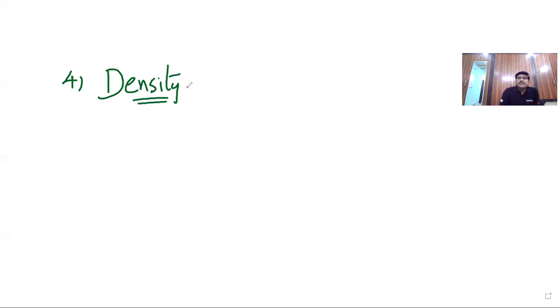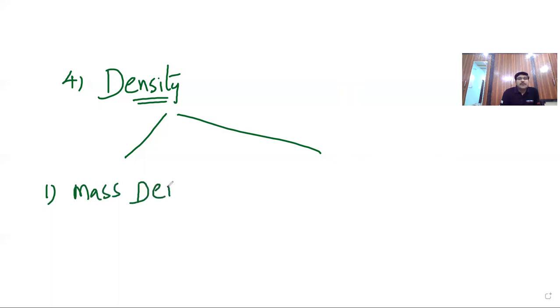Now, density is of two types. One is mass density, which we denote by the Greek letter rho.